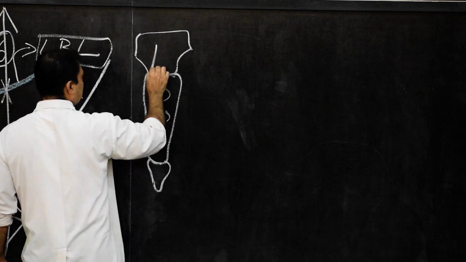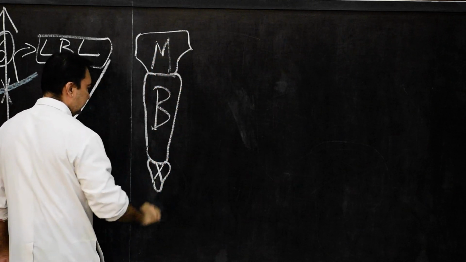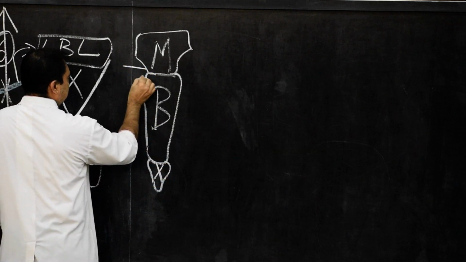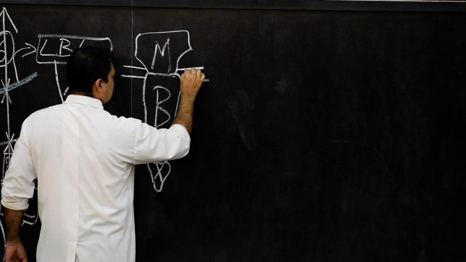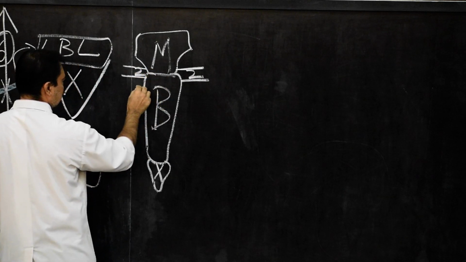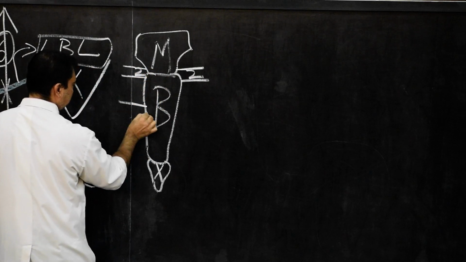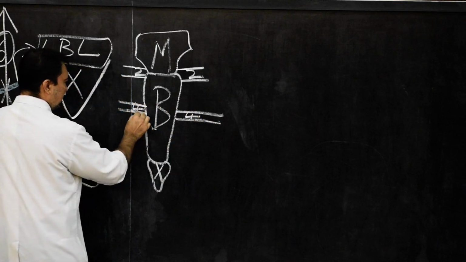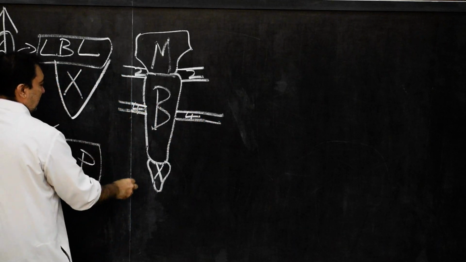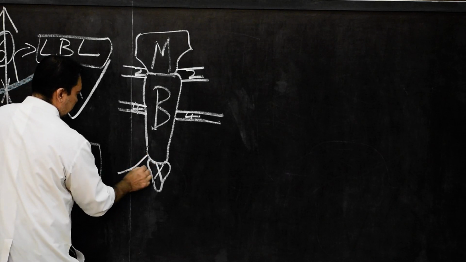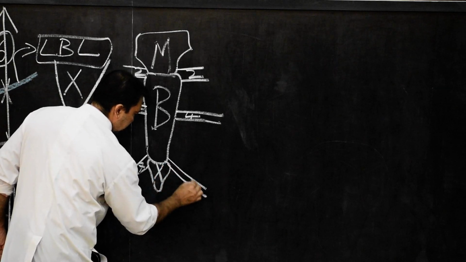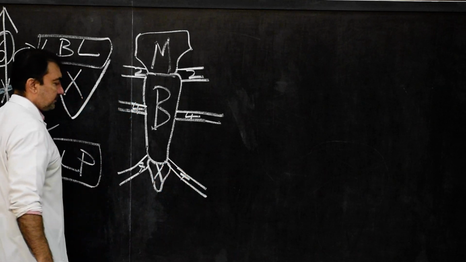So this will be body, this will be manubrium, this will be xiphisternum, and we are going to show very limited ribs. This will be the second costal cartilage, then third, fourth. Over here we are going to show the fourth costal cartilage. Only important landmarks we are going to show. And over here we are going to show this as seventh costal cartilage. So here this will be the seventh costal cartilage.